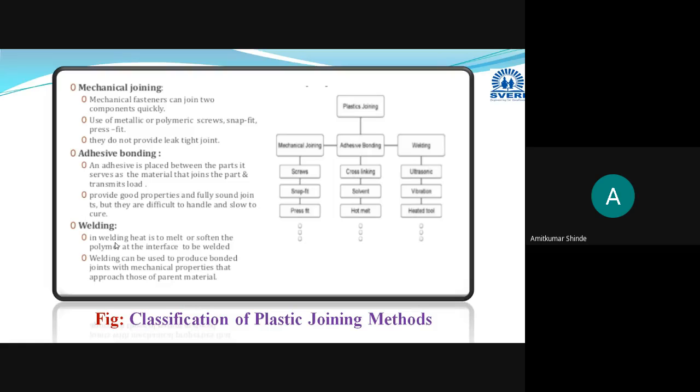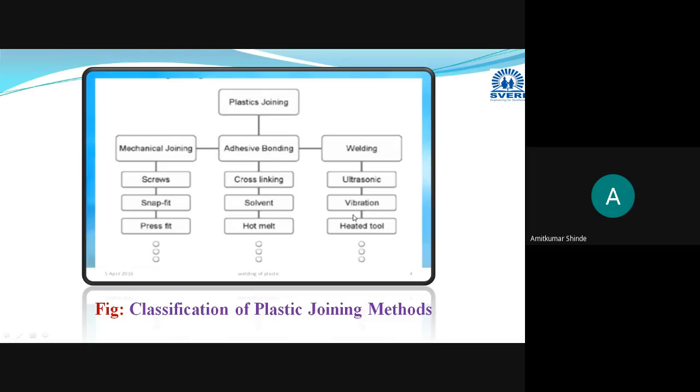This is a little summary related to the classification of joining processes. If you are unable to see the classification here, I have added a separate slide. These are the main three types of joining processes for plastic material: mechanical joining, adhesive bonding and welding.